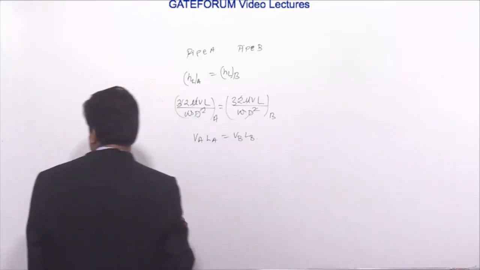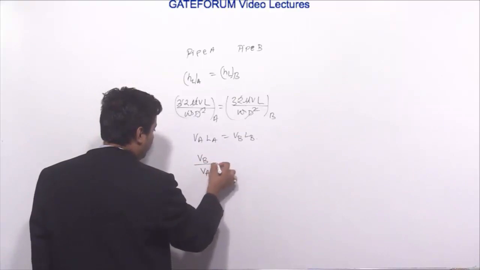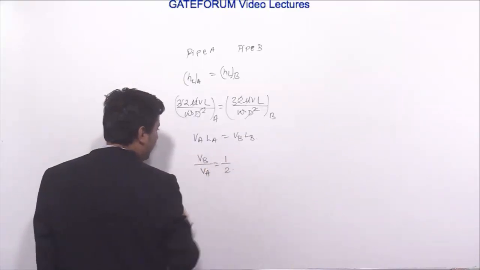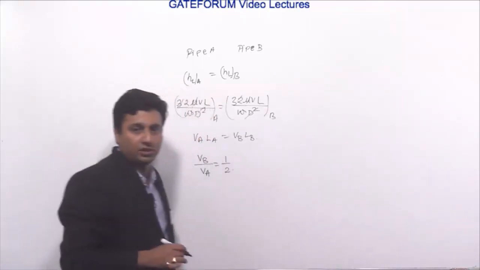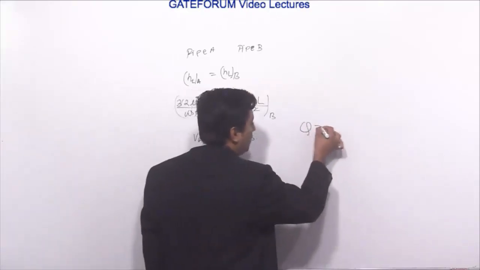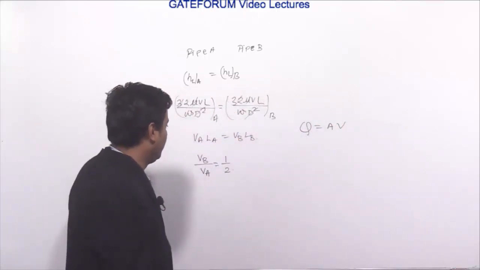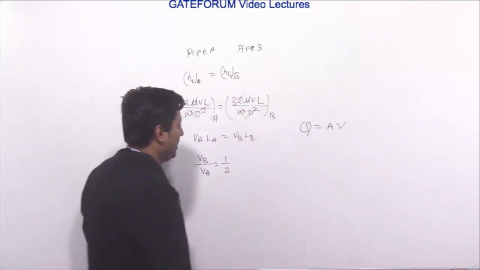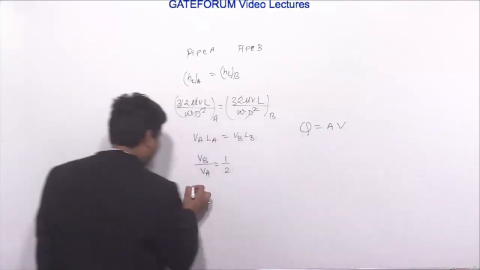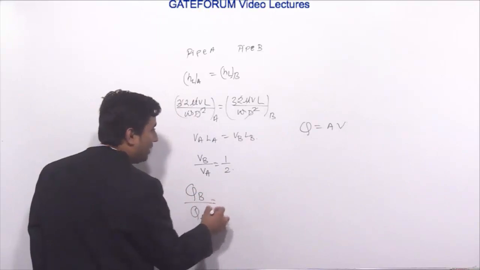So from here we can conclude that VB by VA is equal to 1 by 2. They are asking for the discharge ratio, so Q is equal to AV. From here let us go for QB divided by QA.